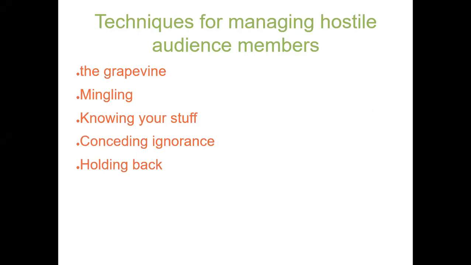The first of them is grapevine. What is grapevine? Grapevine is an informal channel through which information flows in an organization. For example, you're working in a particular post in your organization, and you come to know something about your department from some other department.